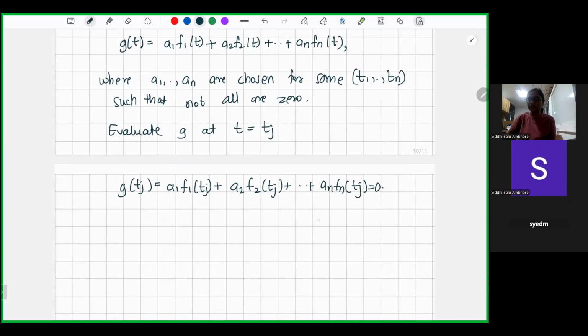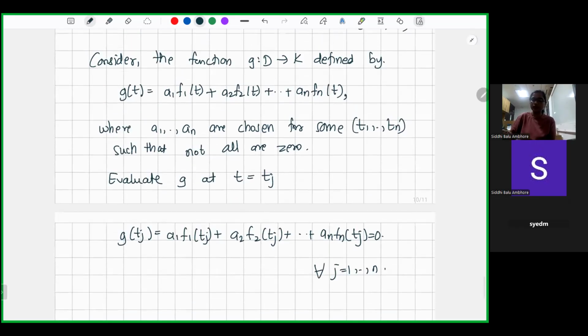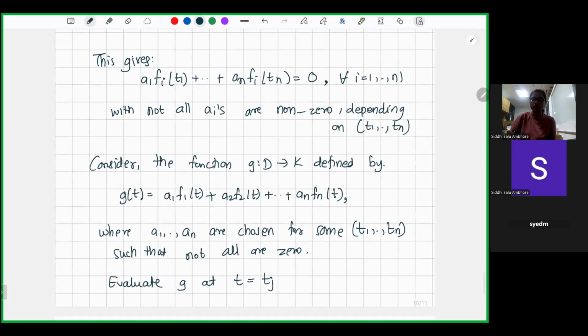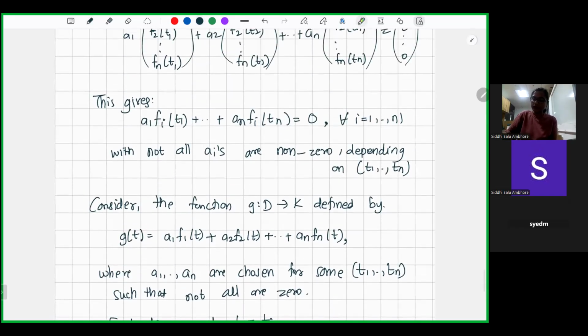And this will give me 0, right? For all j from 1 to n, because that's how these a1 to an are chosen. For this t1 to tn, the a1 to an are chosen such that I'm getting linearly dependent columns.